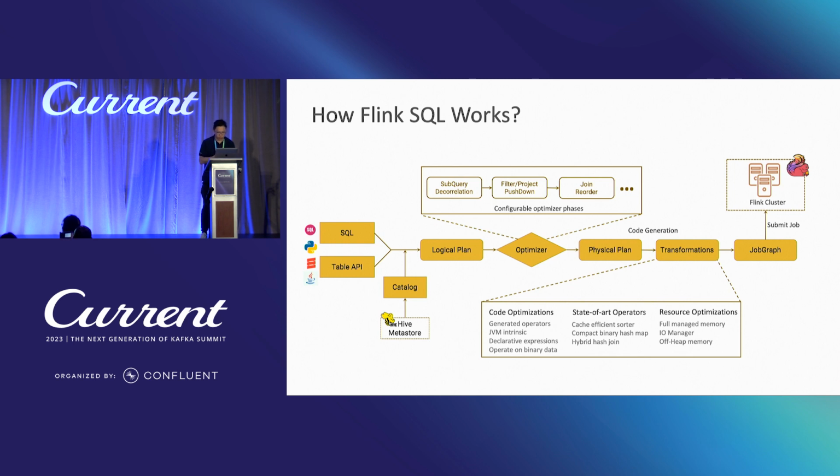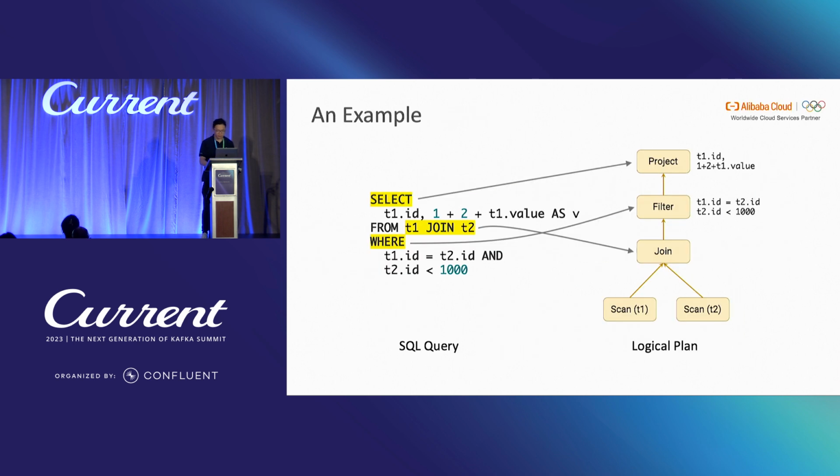At last, transformations will be converted into a job graph, which is ready to be executed, and then the job graph will be submitted to a Flink cluster, from Yarn to Kubernetes and other clusters. So this is a very rough overview of how Flink SQL works. Next, I will give an example to explain the workflow.